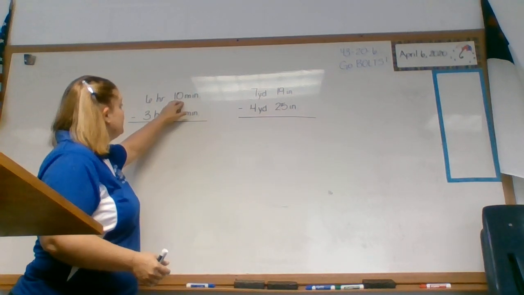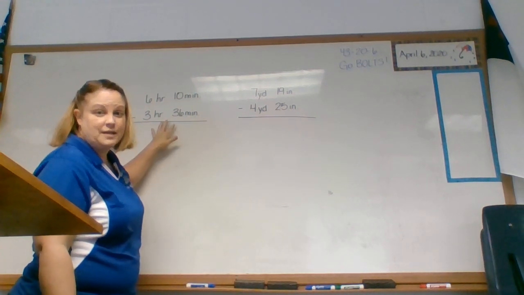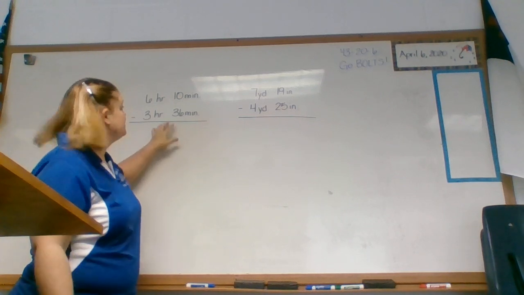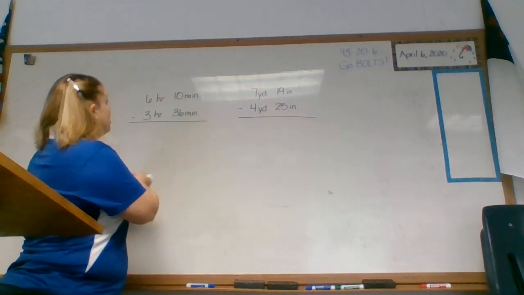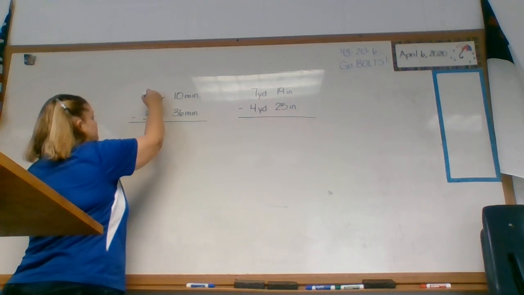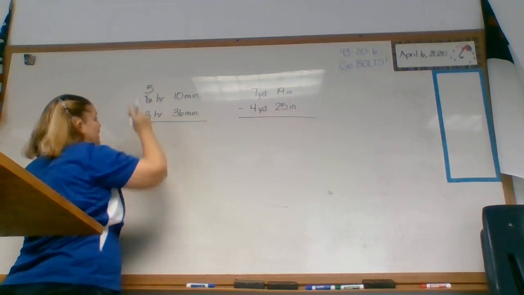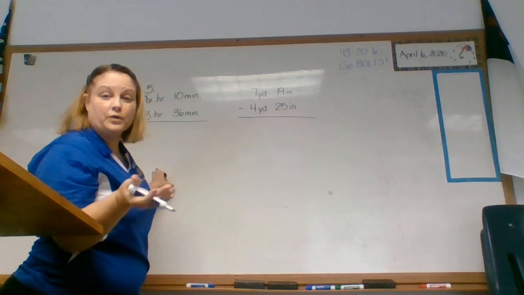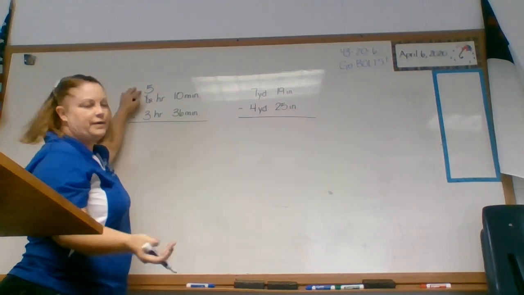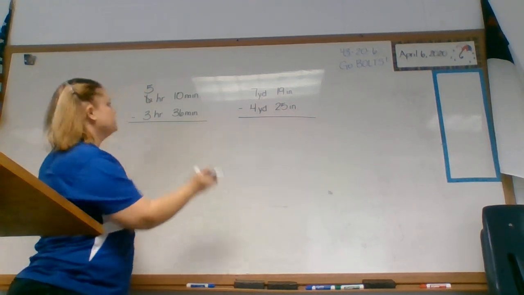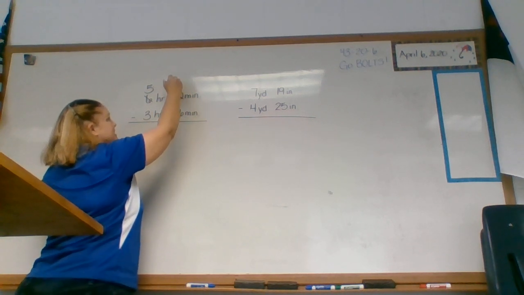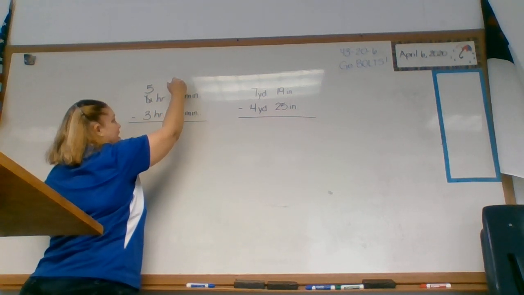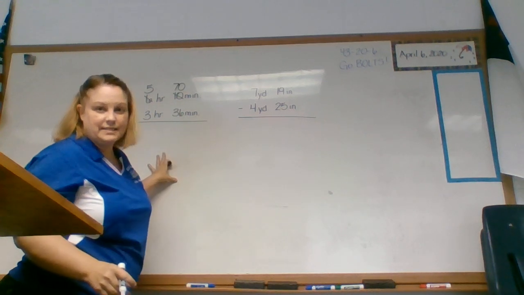So for example, here we've got 6 hours and 10 minutes minus 3 hours, 36 minutes. We can't do 10 minus 36. All right, so we are going to have to borrow an hour and make that 5 hours, and we're going to convert that to minutes. Well, we know an hour is 60 minutes. So we have to put that together with this. 60 with that 10 now gives us 70.